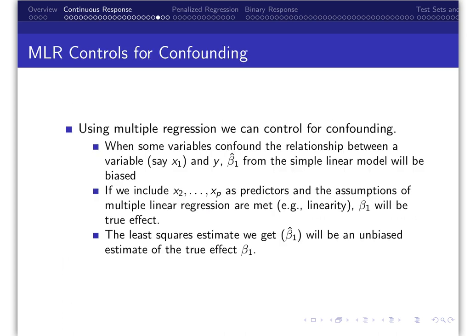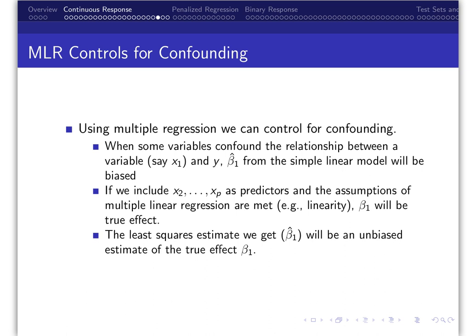When evaluating a predictor of primary interest, as mentioned, we can estimate the effect of one predictor while controlling for the effects of others. This is to control for confounding. Confounding is a distortion in the estimated measure of association that occurs when the primary predictor of interest, x sub 1, is associated with some other factors, say x sub 2 to x sub p, that are associated with the outcome.